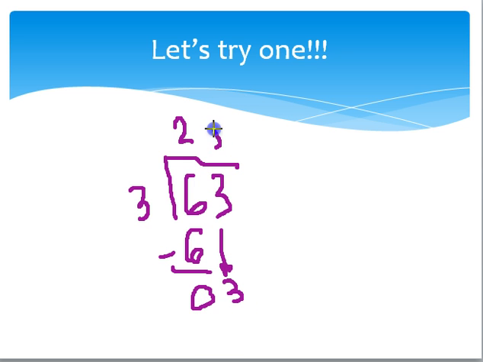The answer is 1. So then you multiply. 1 times 3 equals 3. And subtract. 63 divided by 3 equals 21.